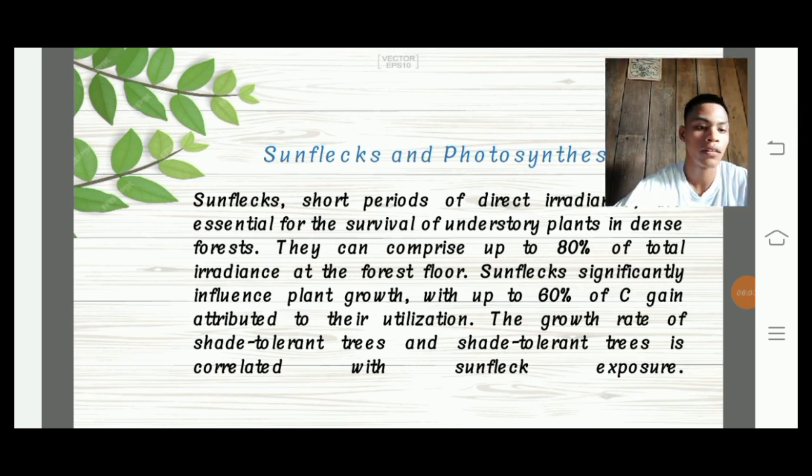In the context of photosynthesis, sunflecks are important because they provide intense bursts of light, triggering a rapid increase in photosynthetic activity in shaded plants. This phenomenon is known as the sunfleck response, where plants efficiently capture and utilize these short periods of direct sunlight for photosynthesis in low light environments.